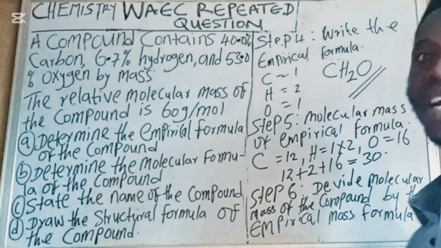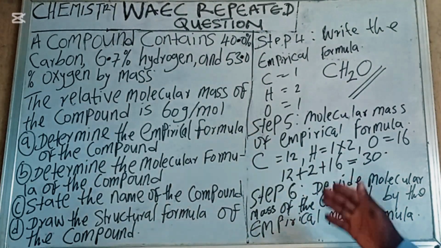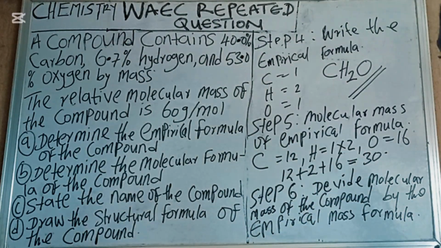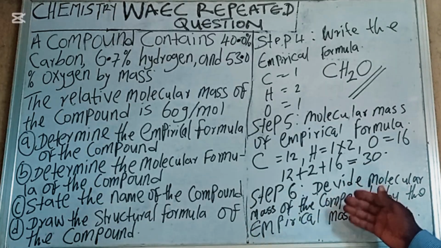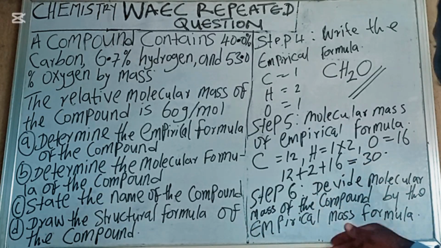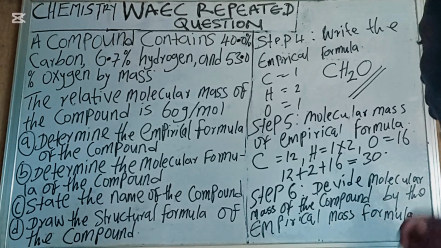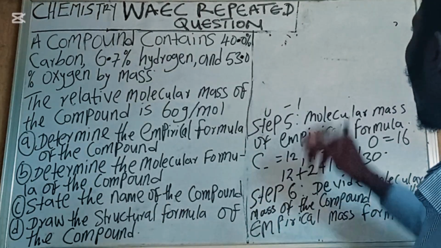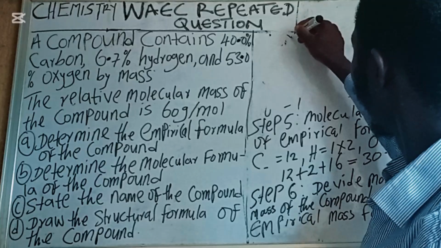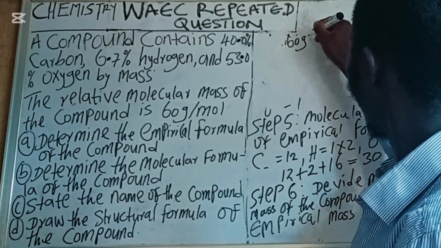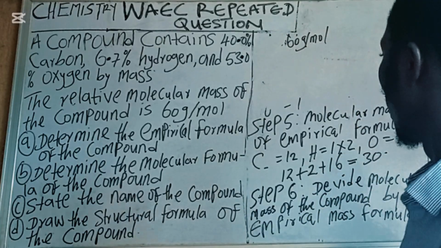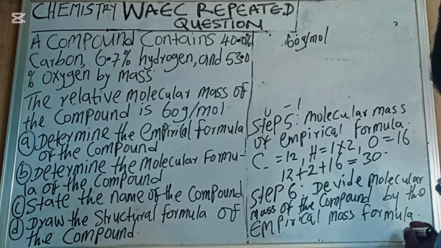So you see that these steps are very simple to understand. We are to divide the molecular mass of the compound by the empirical formula mass. The molecular mass of the compound is given, which is 60 gram per mole, and we have 30.